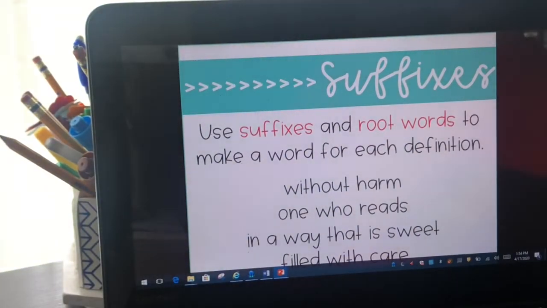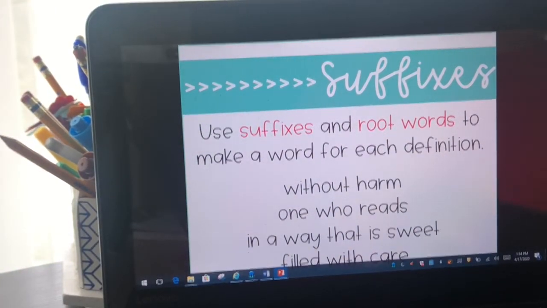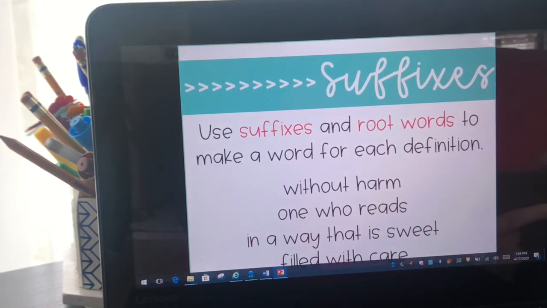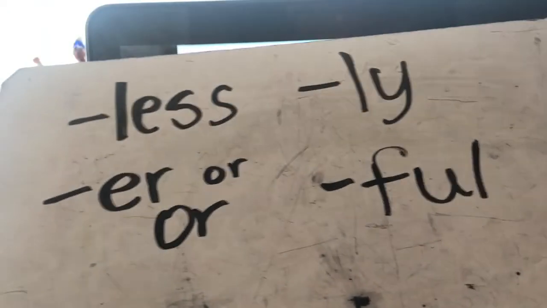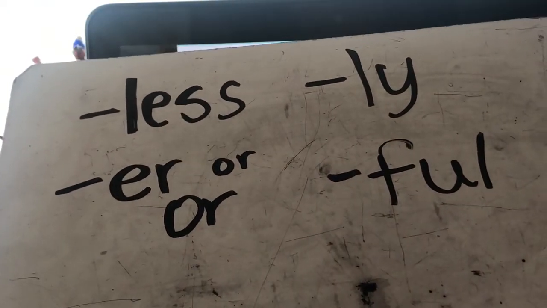The next word says one who reads. If I think back, because remember, our suffixes, we have less, ly, er or or, and then full. Those are the 4 that we're going to focus on, okay? So we have to figure out which 4 go along with these words.